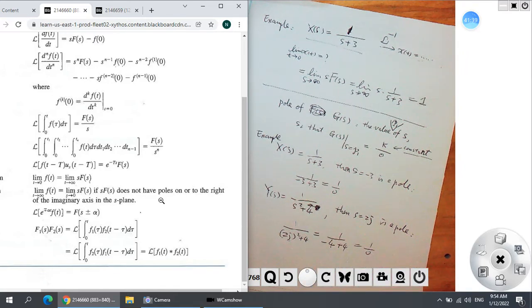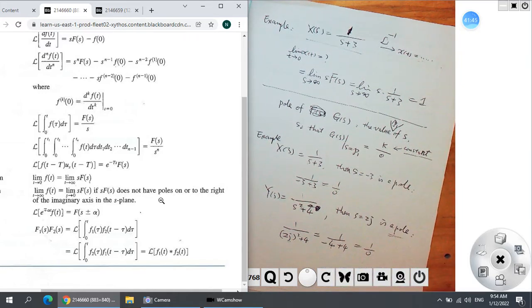When you have something over 0, that is a pole, because that is a point where there's no value. You cannot assign a value to it. I call it a pole.